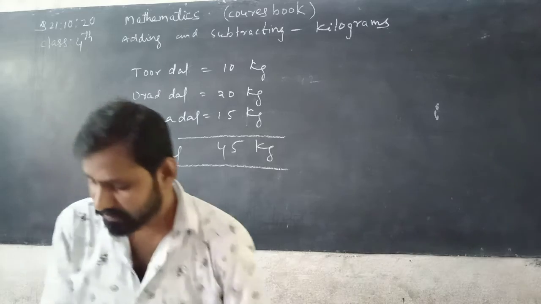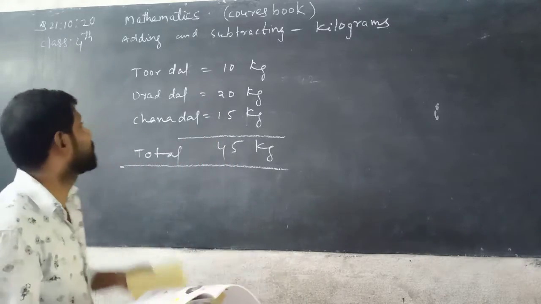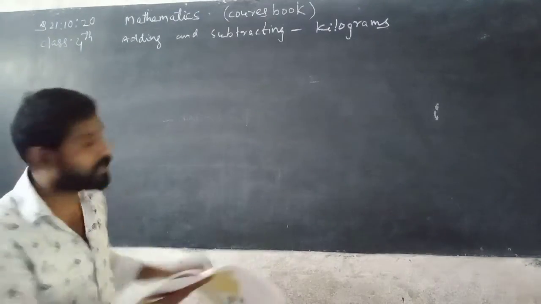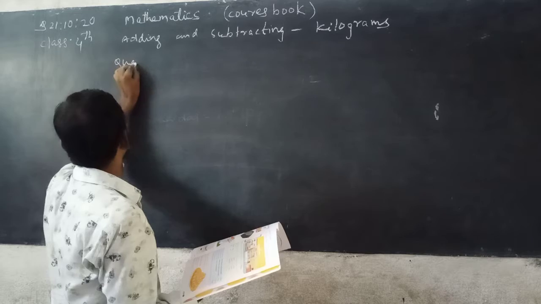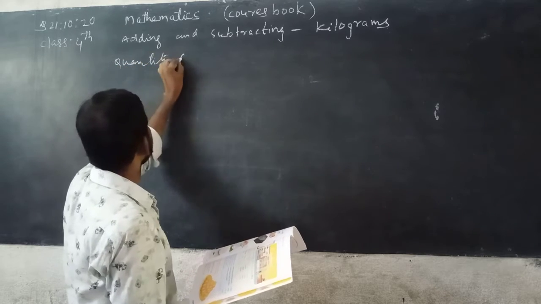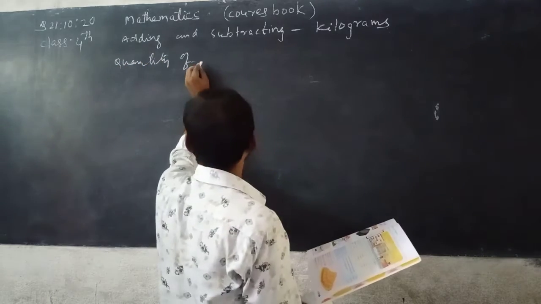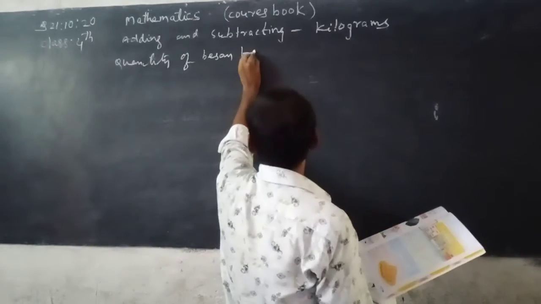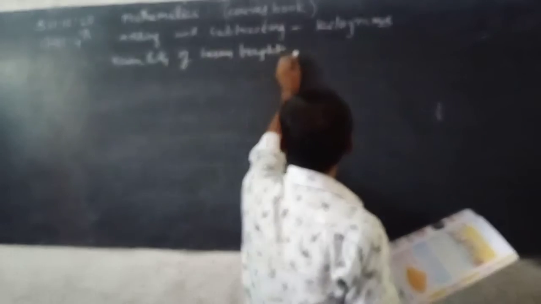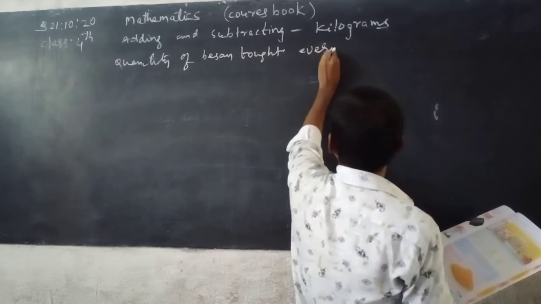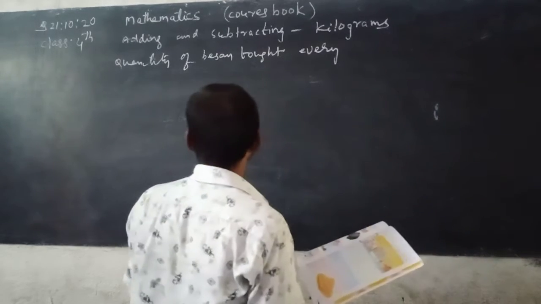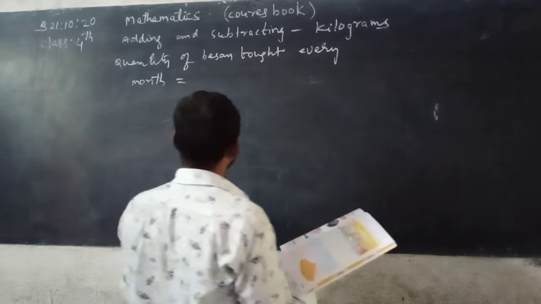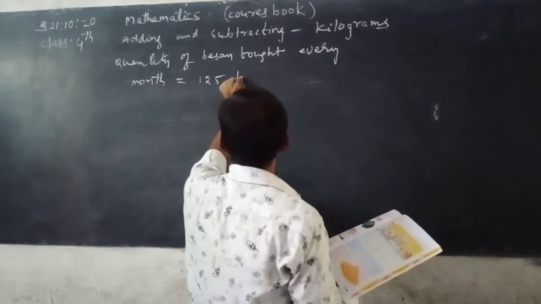See here, quantity of besan bought every month is 125 kg.